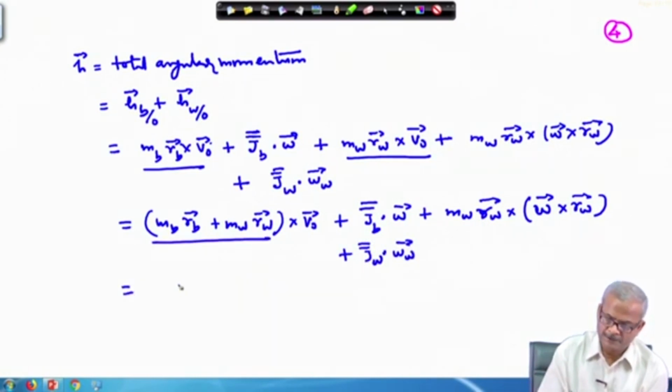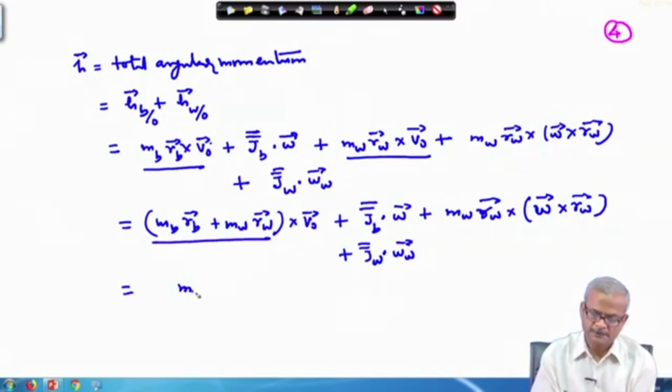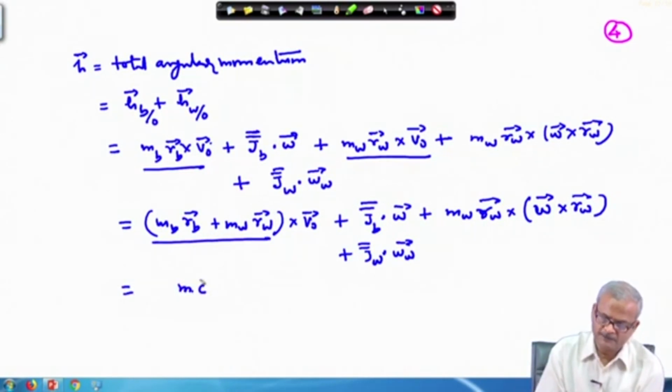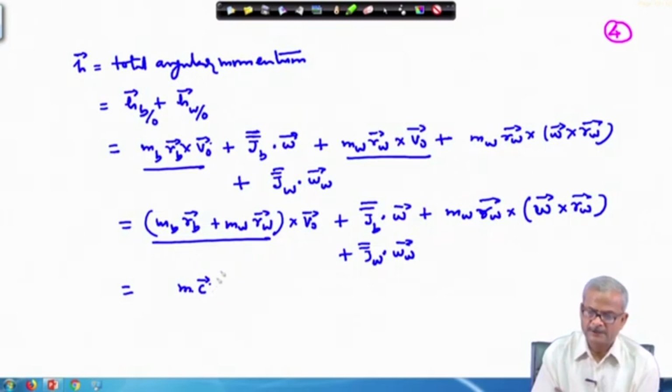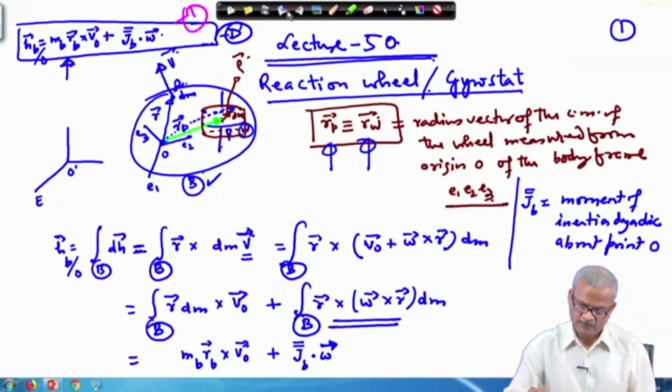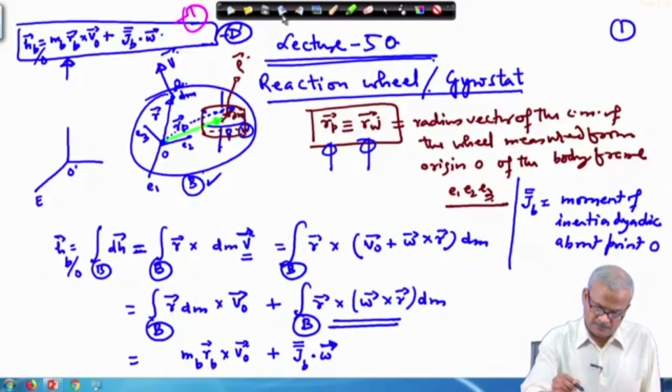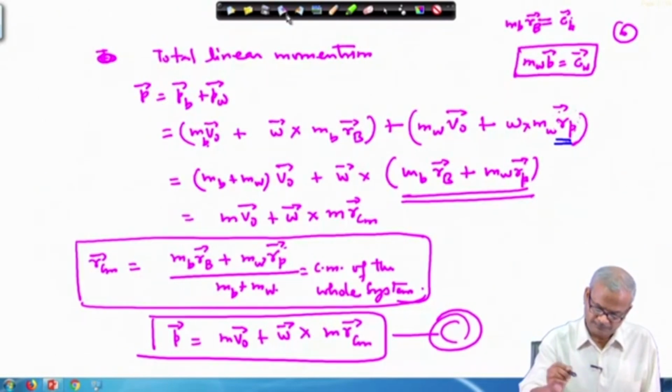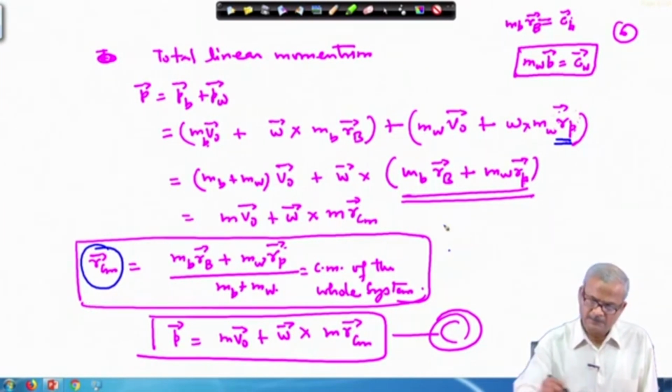This is the total mass m, and then the center of mass of the whole system. So, that we have written as, we have used that notation somewhere, this is the R_CM.